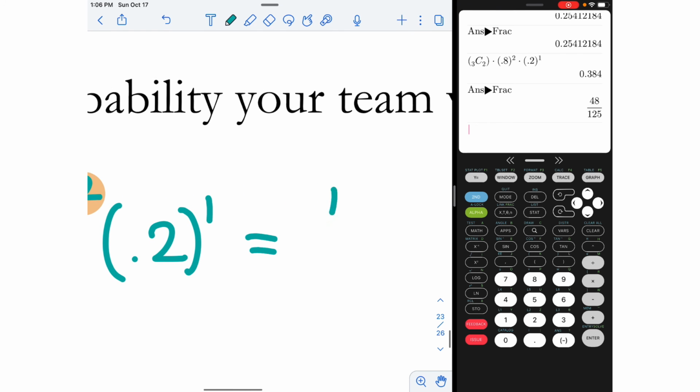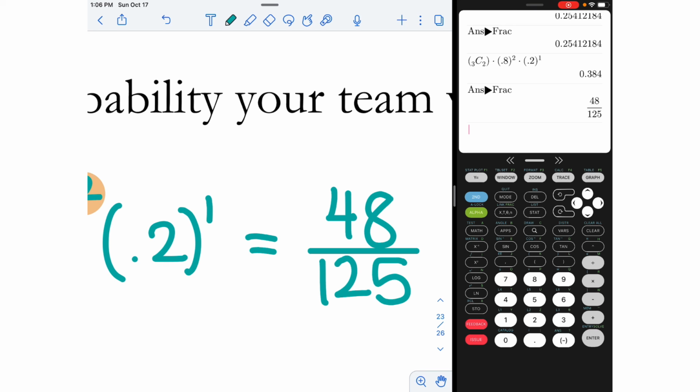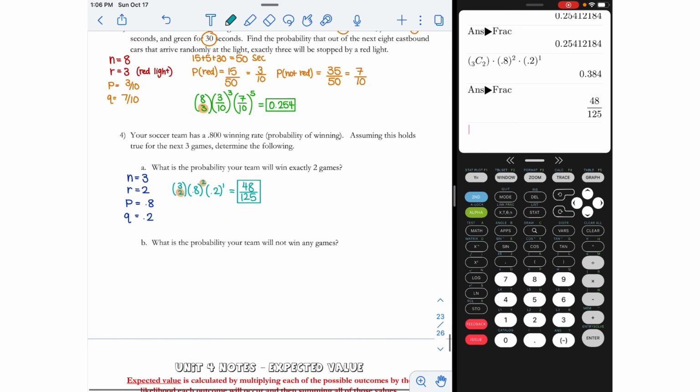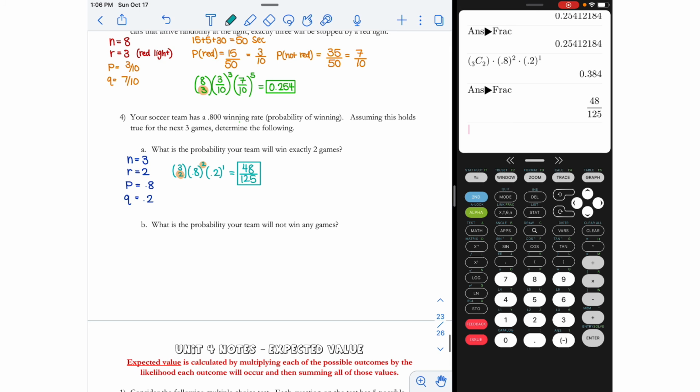If you can turn it into a fraction, that's how I like the answer. So this is 48 over 125. If you leave it as 0.384, that's okay too. So that's the answer.